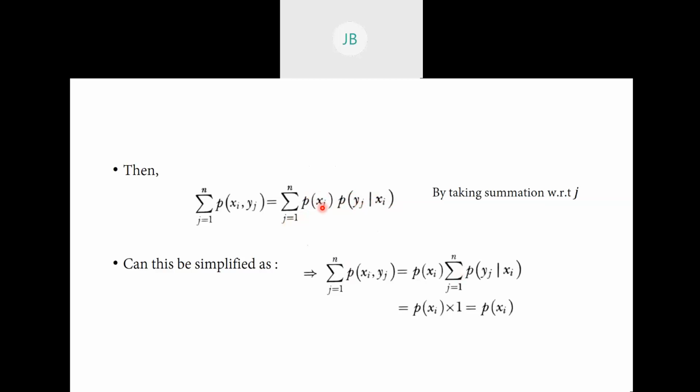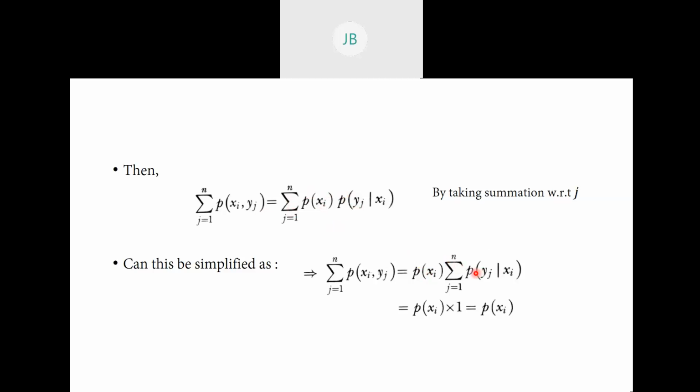There is no j term here, so summation is not affected by this term. So this term can be written outside, and this summation applies only to this. As a result, we write P of xi, the same term, here, and then we consider this summation for this term. That is what is written here.